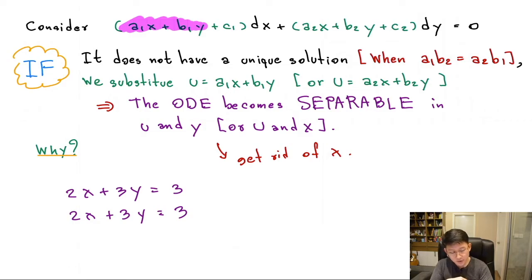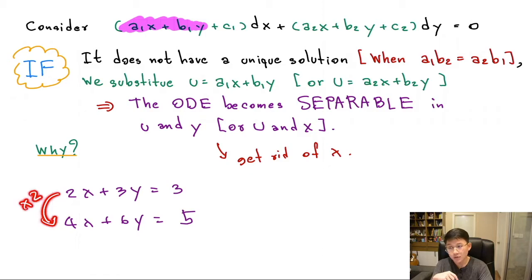Okay, so how about here? 4x plus 6y equals 5. So you can see, you can come from here to here by multiplying the whole thing by 2, right? So here 2, it becomes 4. 3, it becomes what? 6.